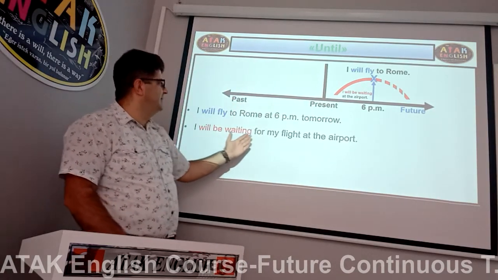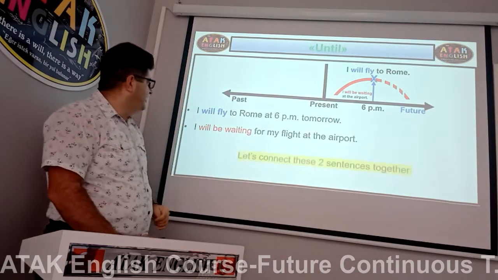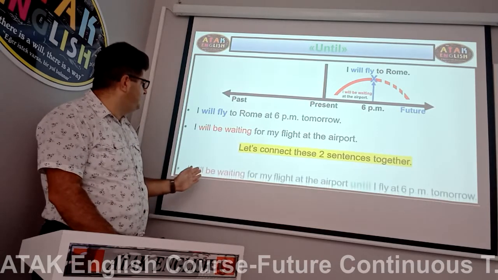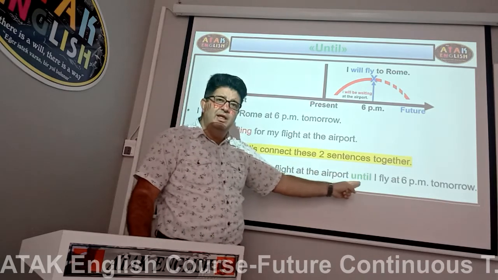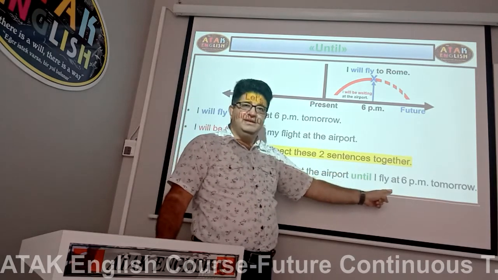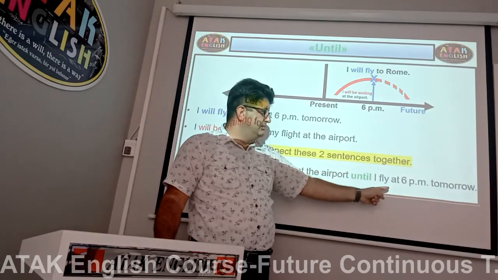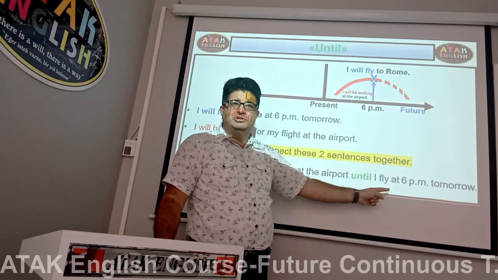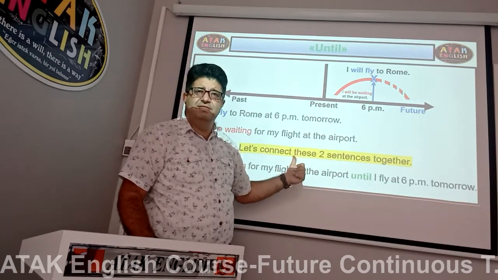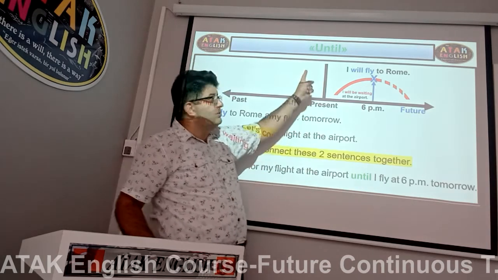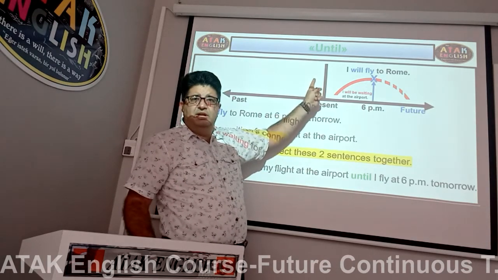I will be waiting for my flight at the airport. When we connect them, I'll be waiting for my flight at the airport until I fly at 6 p.m. tomorrow. So like I mentioned, the rule with when, that's also with until.